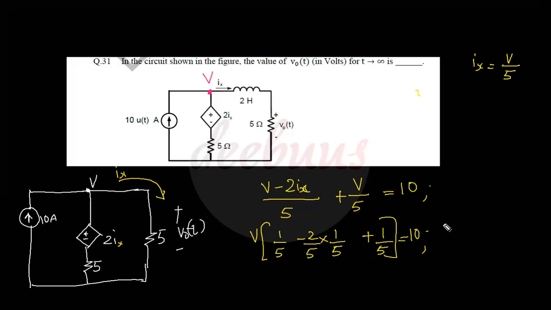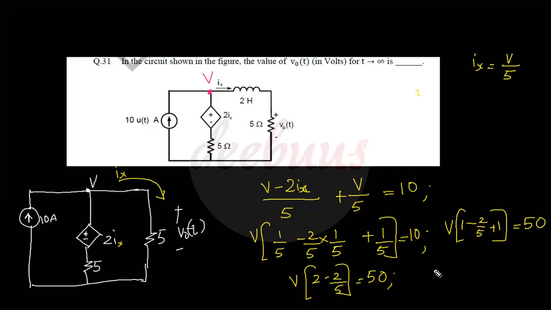Moving the denominator 5 to right hand side, V into 1 minus 2 by 5 plus 1 equal to 50, right? So V into 2 minus 2 by 5 equal to 50. So V equal to 31.25 volt, right? V equal to 31.25 volt.